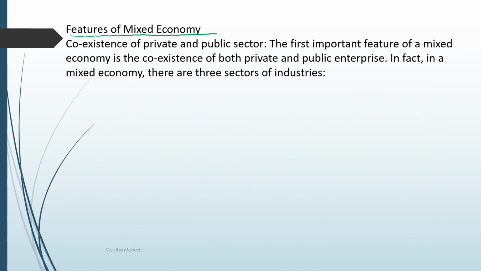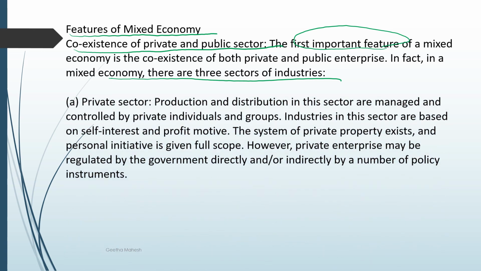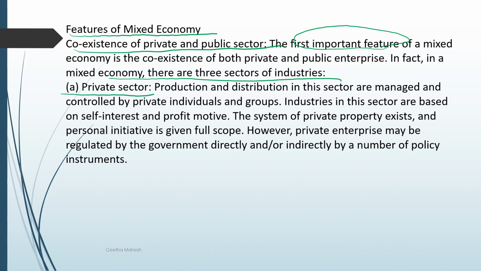Now let us understand mixed economy in a better way with the help of features of mixed economy. You know, in a mixed economy, there is a coexistence of both the private and public sector, and it is an important feature of mixed economy. In mixed economy, you can see there are three types of sectors of industries. Private sector industries: the production and distribution in this sector are owned and managed or controlled by private individuals or group of private individuals.